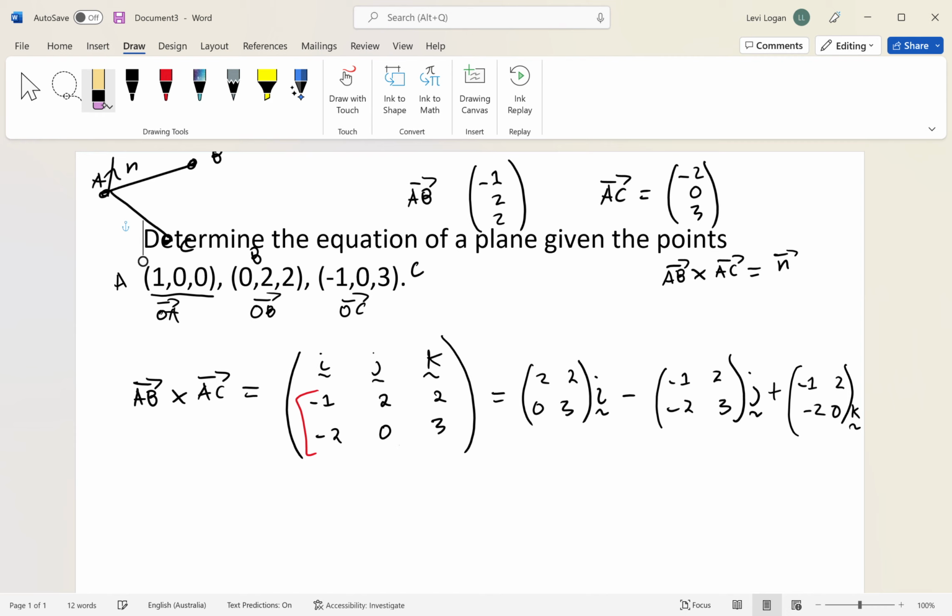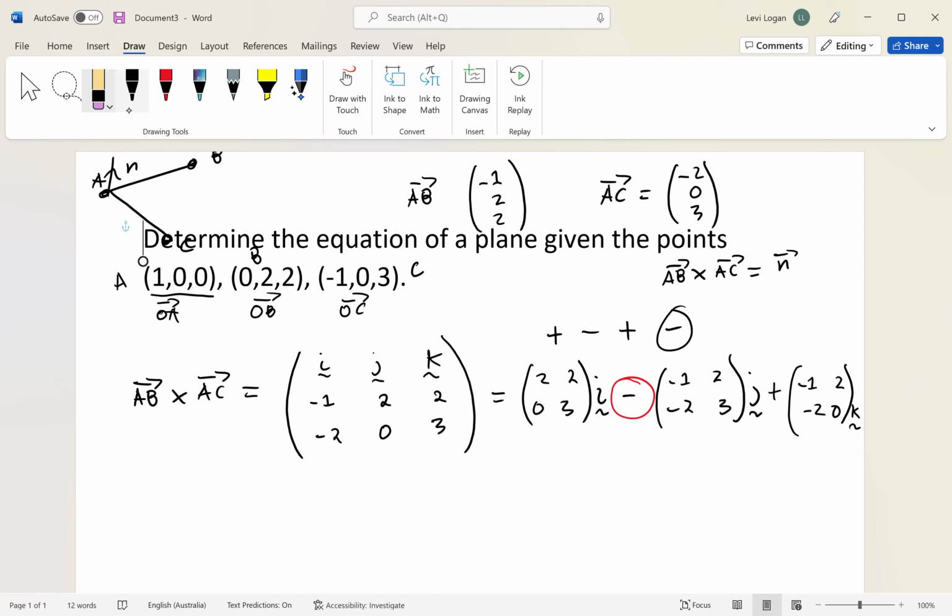Now you might have noticed, why did I put a negative here? So when you're finding the cross product, you need to have this order. You always have to go plus, minus, plus, minus. So if we had a 4th vector component, we would have another minus in front of the next matrix.